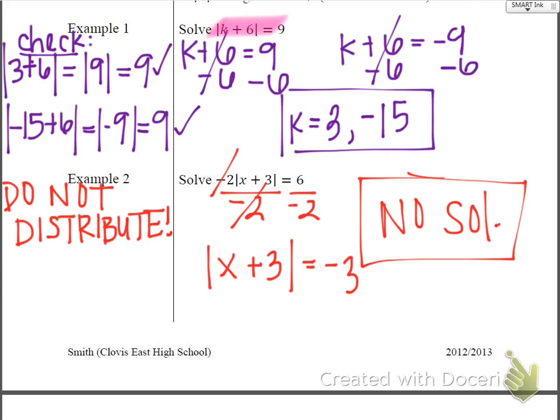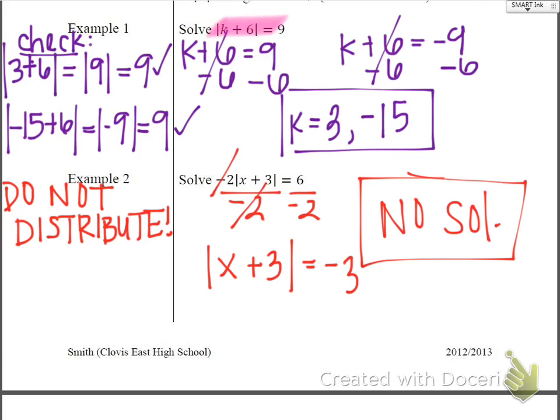So here's the lesson. If you had distributed the negative 2 into the absolute value, we would have gone through the whole problem and actually gotten 2 answers like we did in example 1. But if you divided before, you would have noticed that it comes out to a negative answer, which means there's no solution here, so you can stop. If you had distributed the negative 2 all the way in, you'd have done all of the work and gotten an answer when there really isn't one.